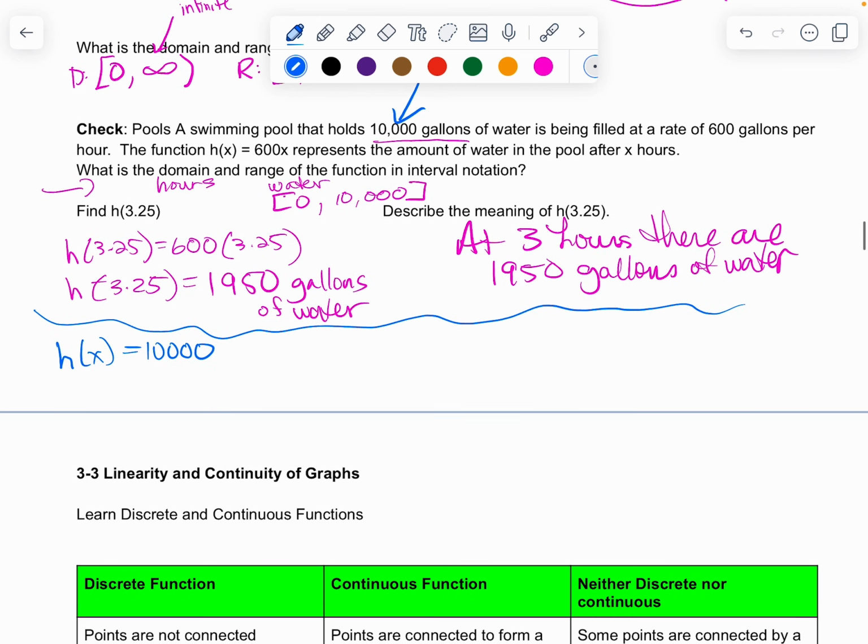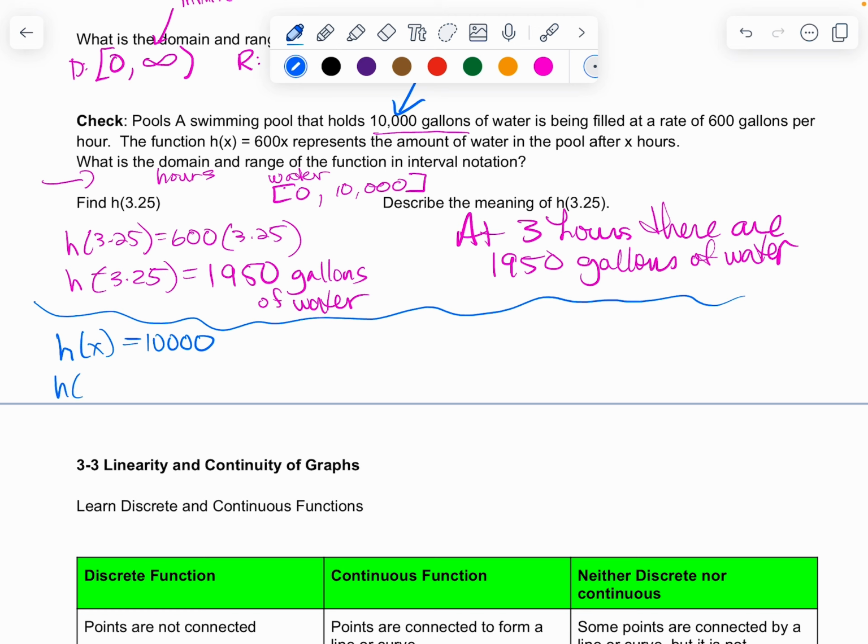And so what I'm going to do, h of x equals 600x, we're going to plug it in here. 10,000 equals 600x. And we're going to solve this and divide by 600. It's going to come out to a repeating decimal, but that's okay. We can do approximates.